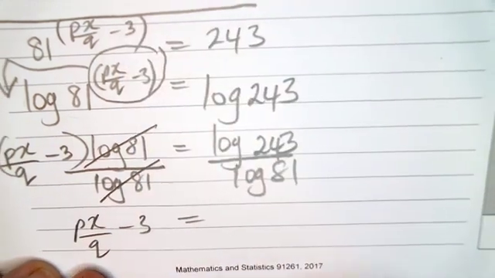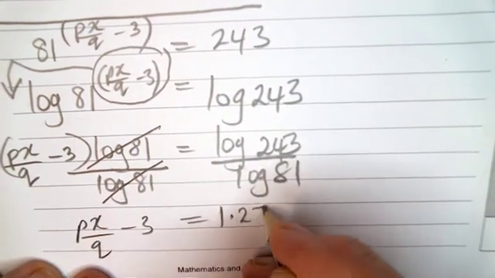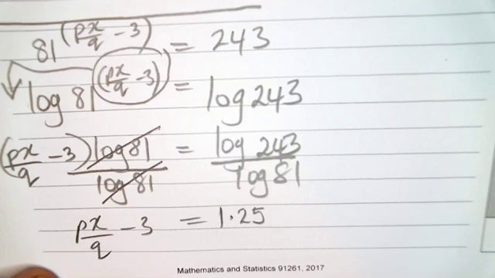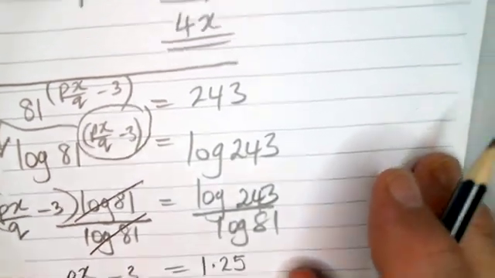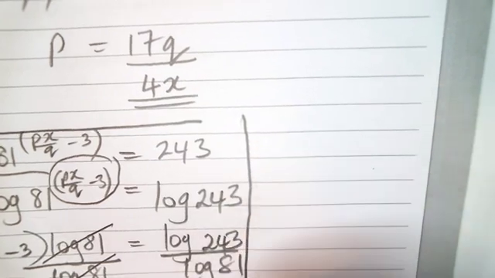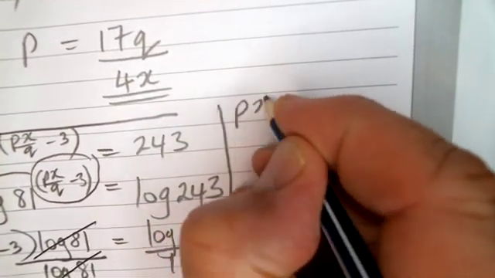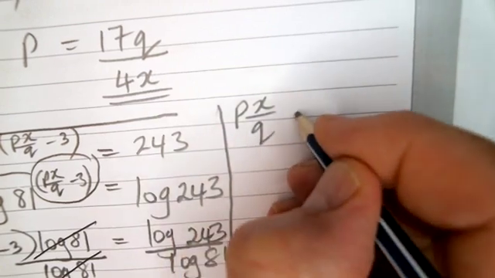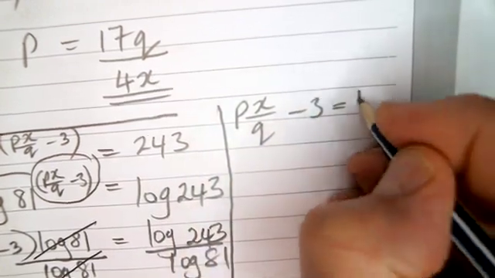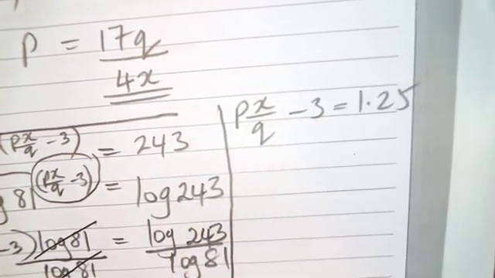There it is. We'll just leave it as 1.25. Now, I've run out of room at the bottom here, so I'm going to do this over this bit here. So I've got px on q minus 3 is equal to 1.25.